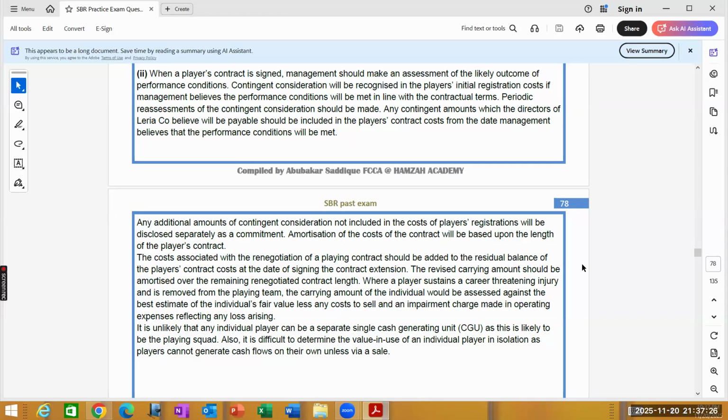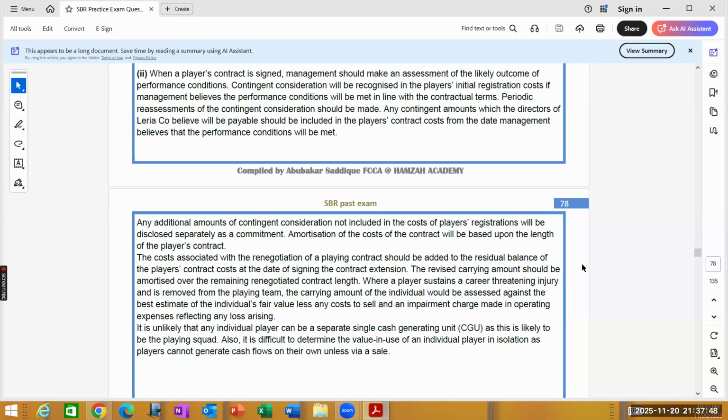Where the player sustains a career-threatening injury and is removed from the playing team, the carrying amount of the individual player would be assessed against the best estimate of the individual's fair value less any cost to sell, and an impairment charge made in operating expenses reflecting any loss arising from the career-threatening injury.